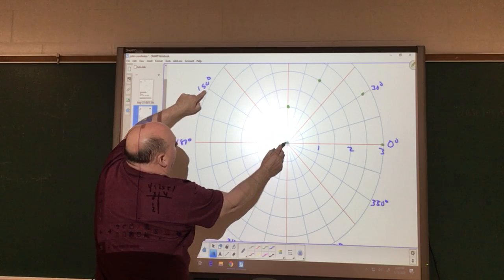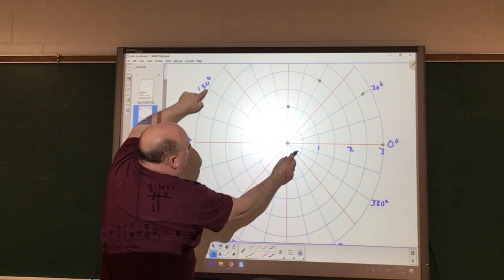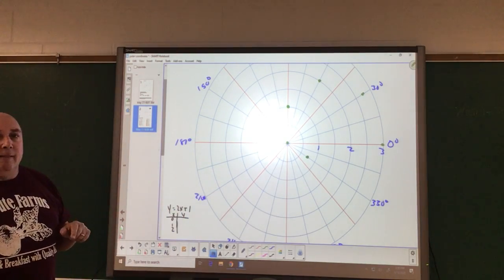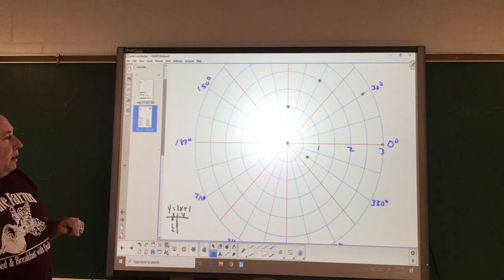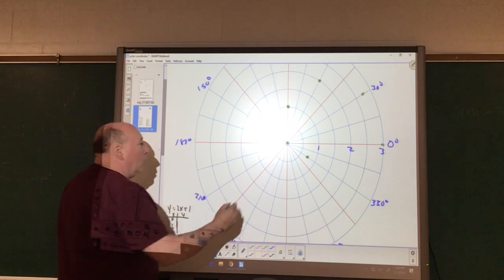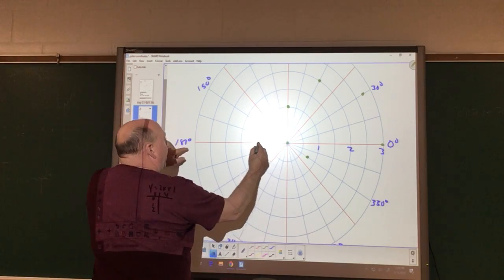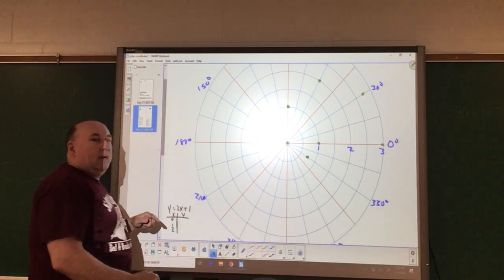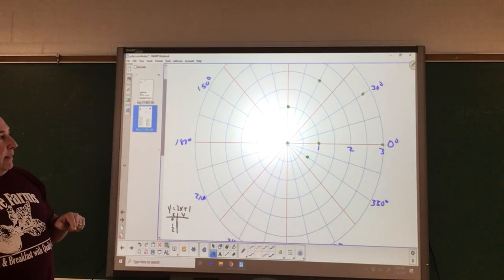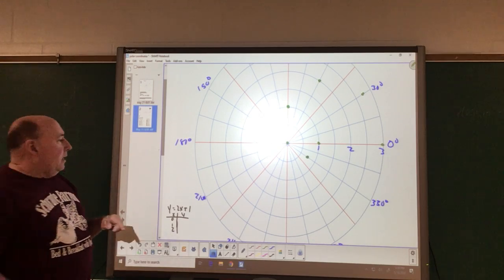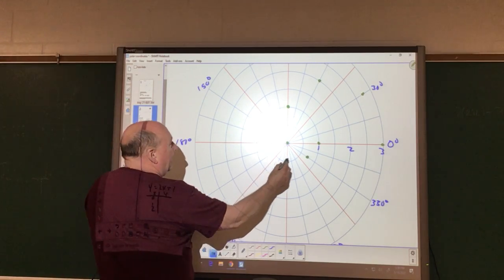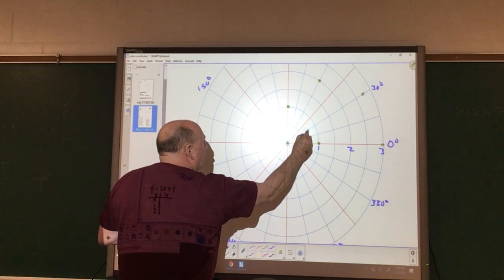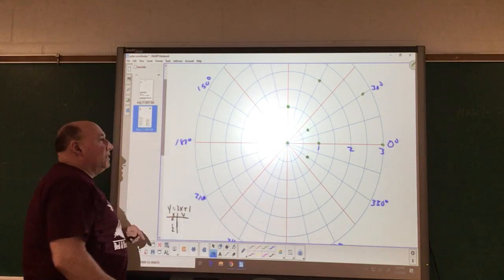So we have, here is 150, we have to go backwards, negative 0.73. Then 180, we have to go negative 1. Well, positive 1 would take me to here, so I have to go back, negative 1 there. 210, we're back at negative 0.73, so we have to go out the 30 line. Negative 0.73.